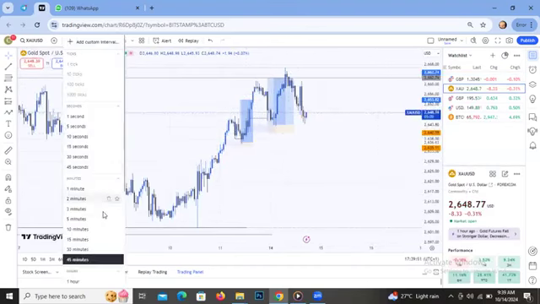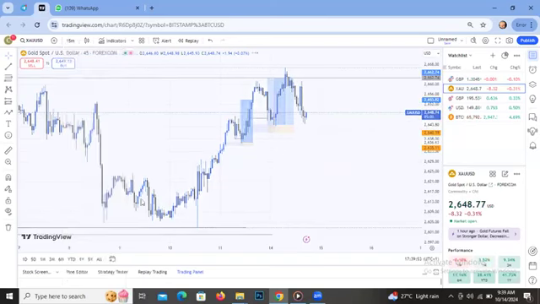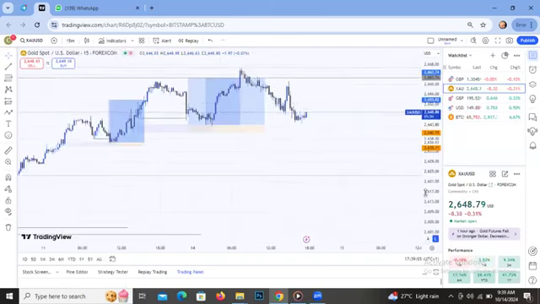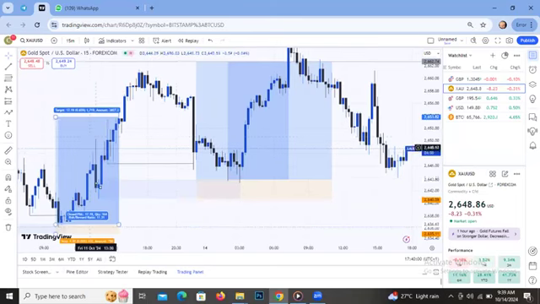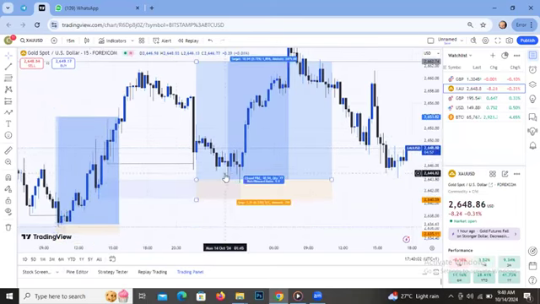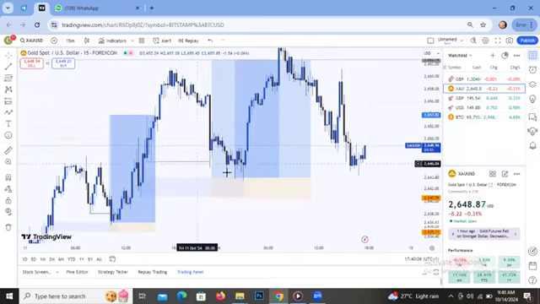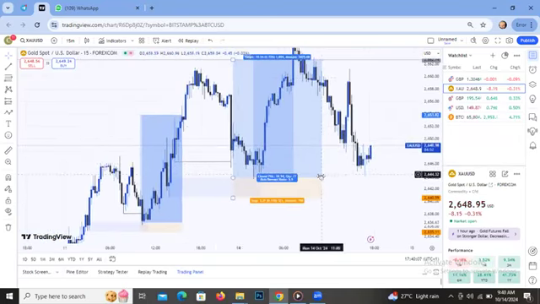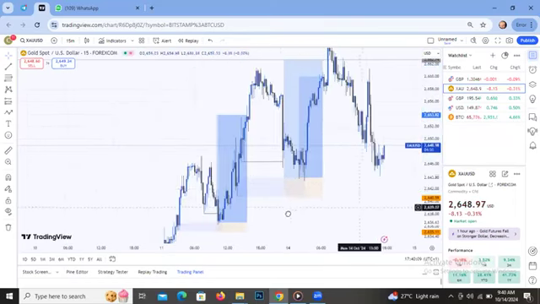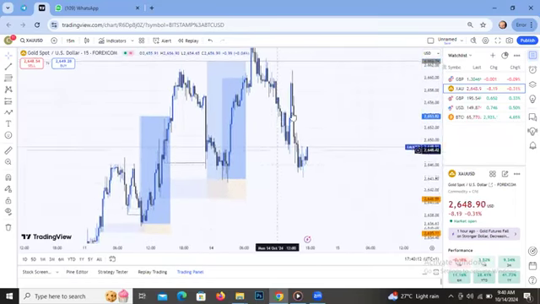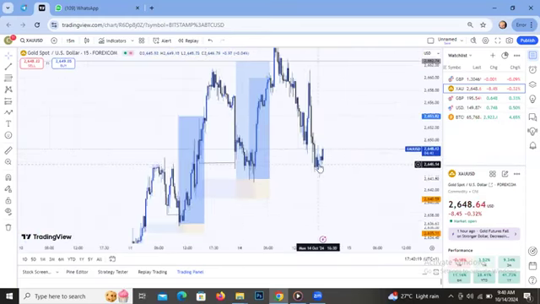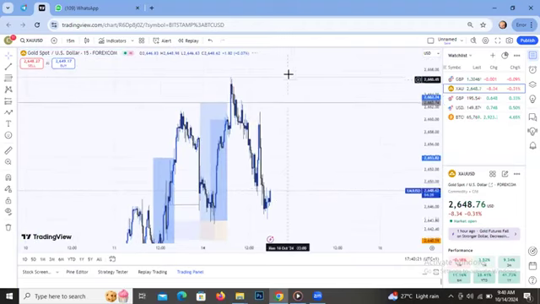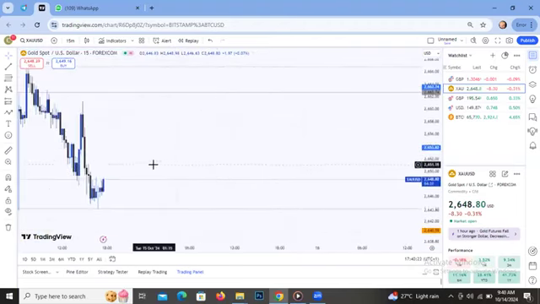And this same buy, from the liquidity here, the order block, targeting the next high, can actually work. This buy from here might work to buy up the liquidity.